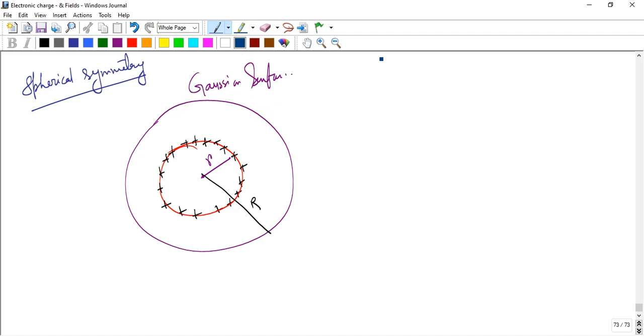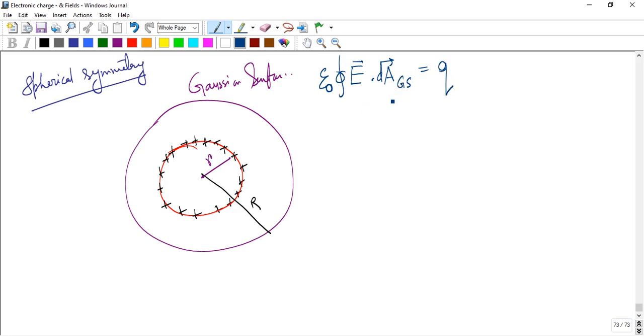Okay, so very easy. E dot dA, where this area is the Gaussian surface area, equals the charge enclosed, Q, over epsilon naught.